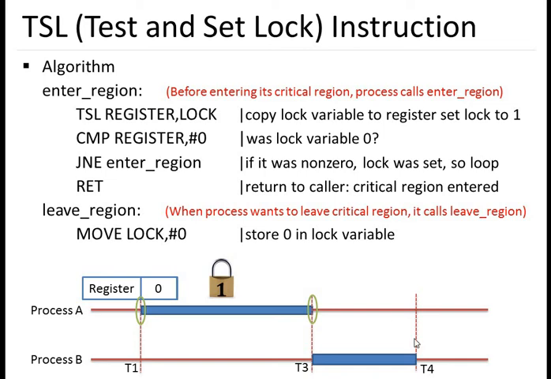When you want to leave the region, this is the exit of the critical section. So what you are going to do is move 0 to the lock. That means store 0 in the lock variable. So the lock is set to 0, and return to the caller.